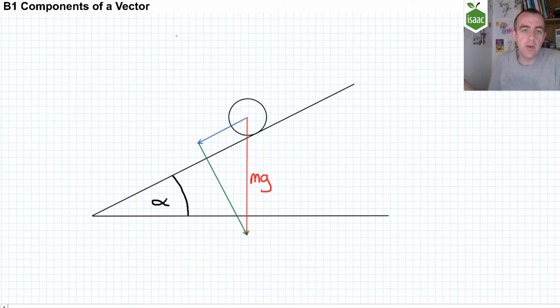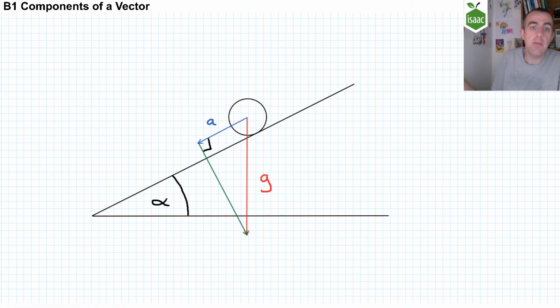So here I have chosen my two components, which as you can see are perpendicular, where the blue arrow is the acceleration down the ramp and the green arrow is the component of acceleration which is perpendicular to the ramp. And I suppose what I should do is change my weight vector to just an acceleration vector down, because I'm not particularly interested at the moment in what that force is.